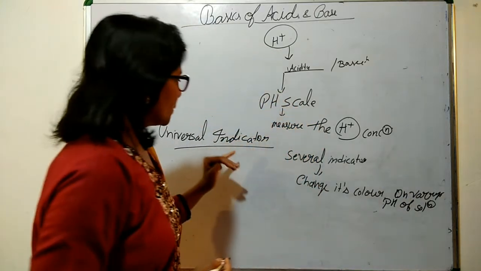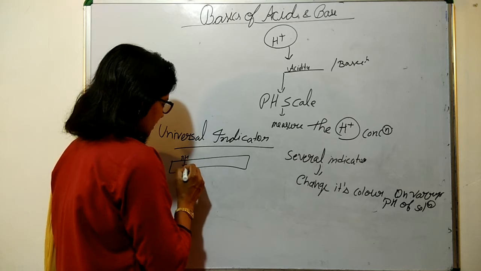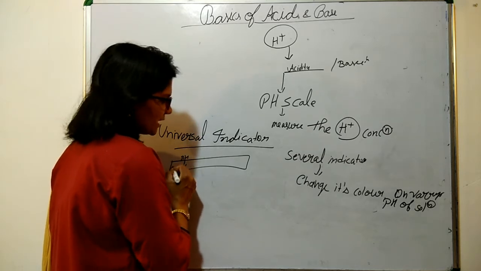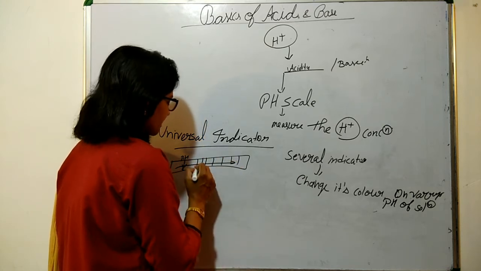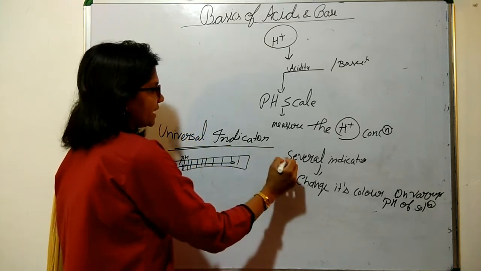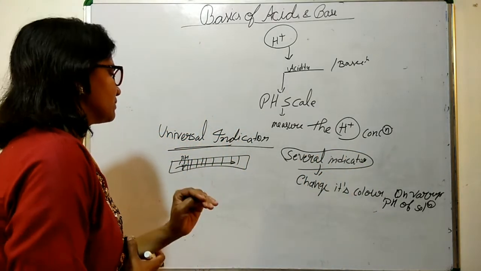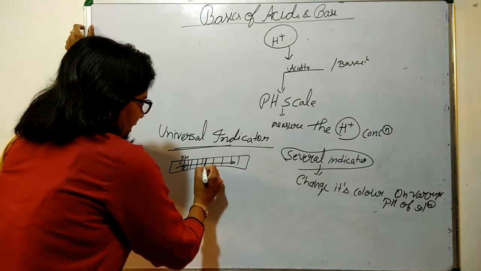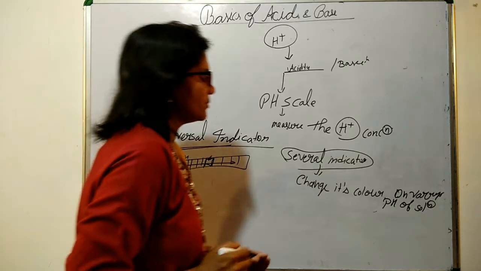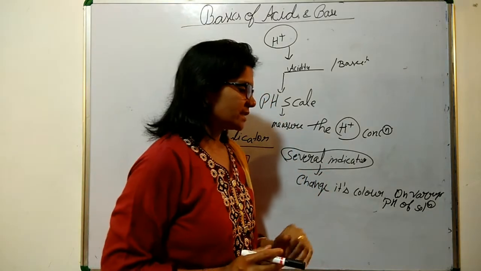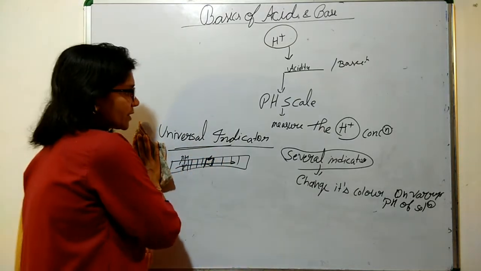Okay, it is your pH paper like this. At a given pH it will show a particular color shade, and different color shades will be there. We make it using several indicators, so whatever the pH is, if it matches with this shade, its color will be in this form. So it is your universal indicator, and the pH paper we use works on the same basis.